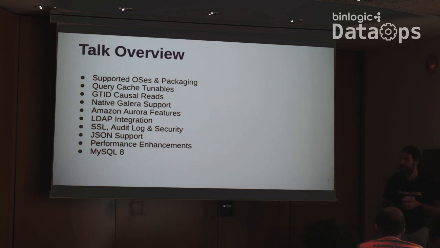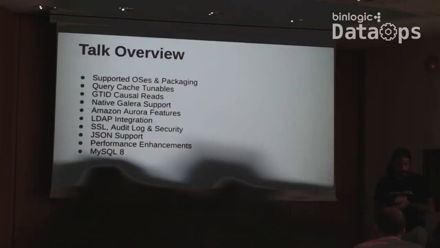This is a feature that was asked for quite a long time. And then we have also improved security. Specifically, we have SSL implemented also for the front end. We have the Audit Log in 2.0.5, and we also have introduced support for JSON and several performance improvements that we are going to cover later, and finally, ProxySQL 2.0 works with MySQL 8. 1.4 doesn't work with MySQL 8.